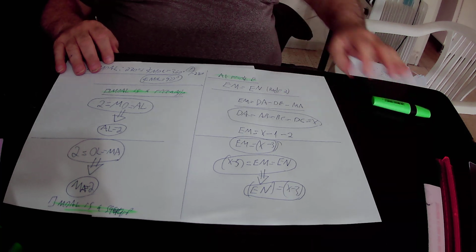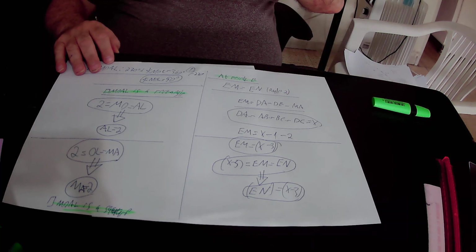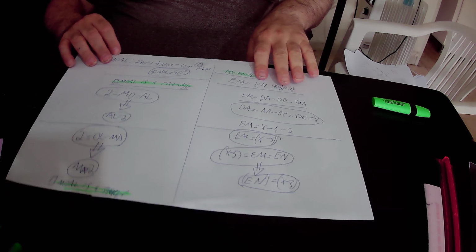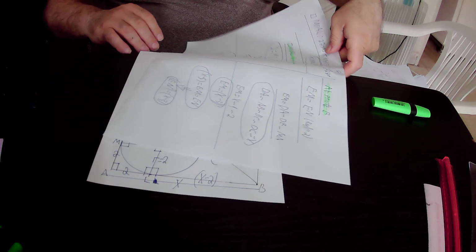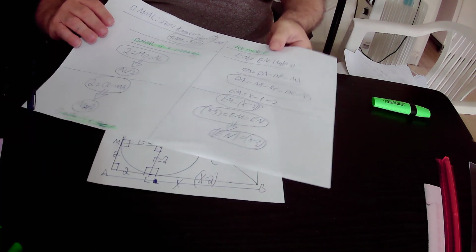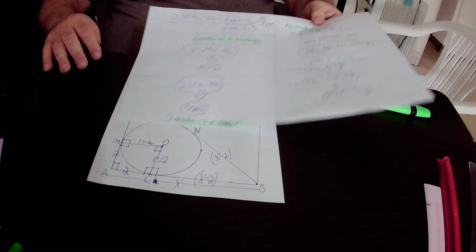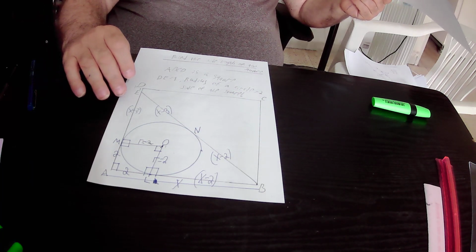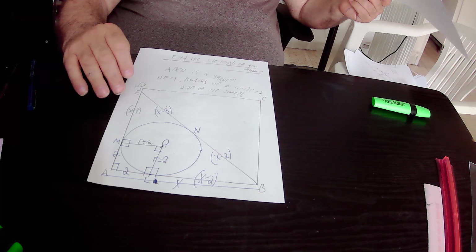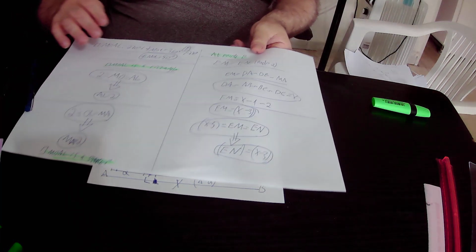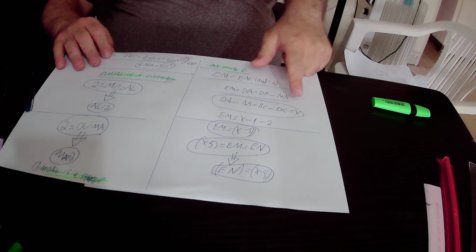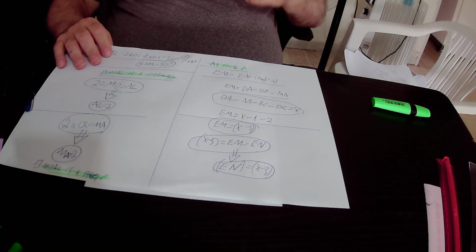We defined the side length of square ABCD as X, so DA equals AB equals BC equals DC equals X according to our definition.